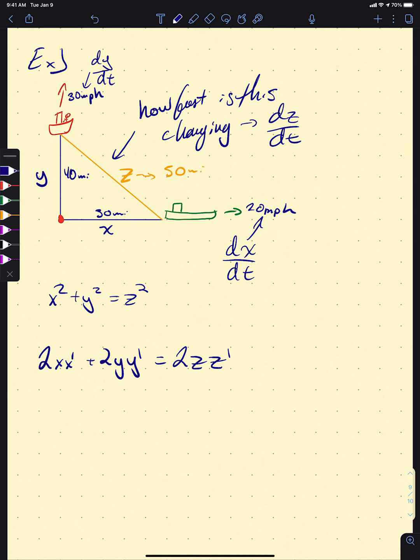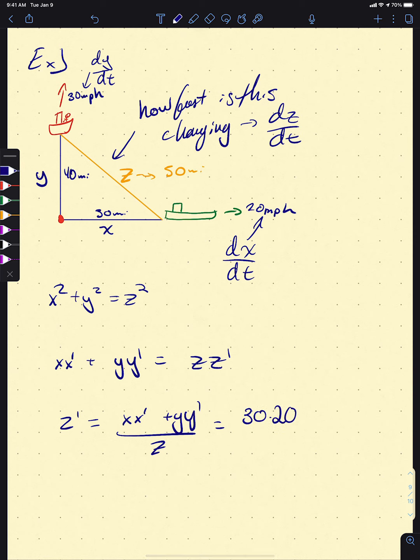But then from here, we can divide by 2 to get rid of these 2's. And then now it's just rearranging and plugging our stuff in. Z prime is going to be x prime plus y prime over z, which is going to be 30 times 20 plus 40 times 30 over 50. And if you run this calculation by hand, wouldn't you know it, you get 36.